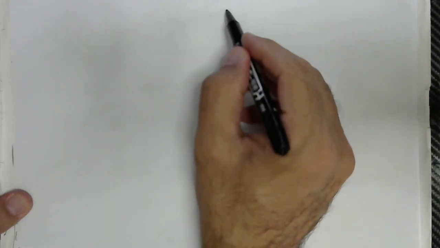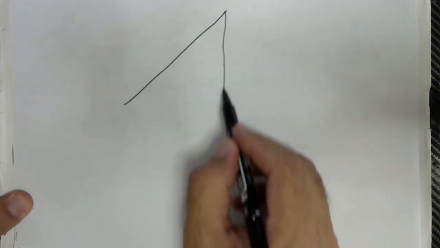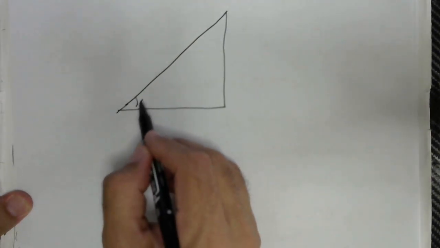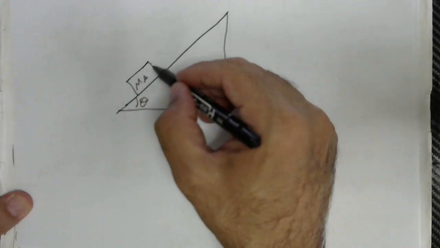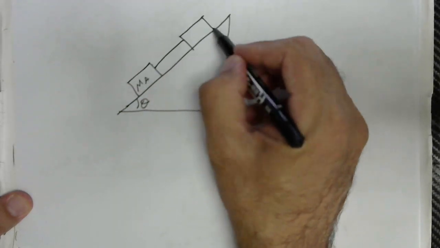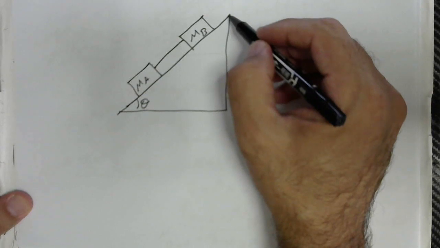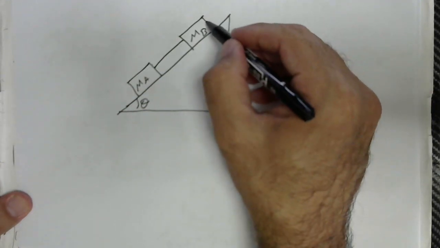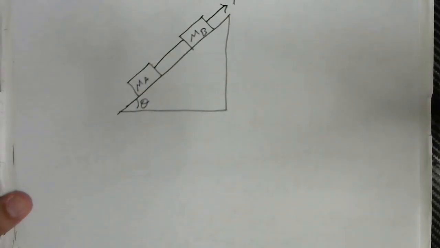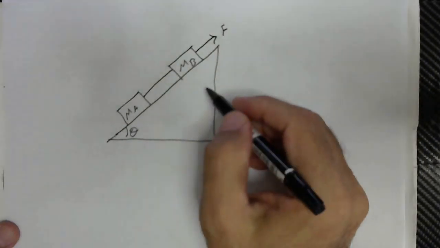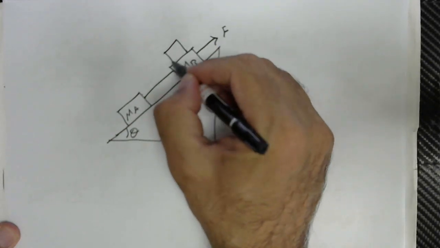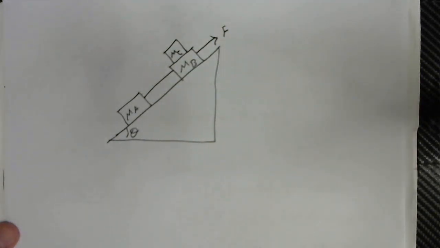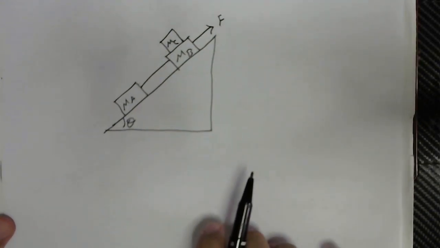Let's say, for example, you have an inclined plane like this, and then this is object A connected to object B, and then the force F acting here on object B, or you could also have object C here. It doesn't really matter.